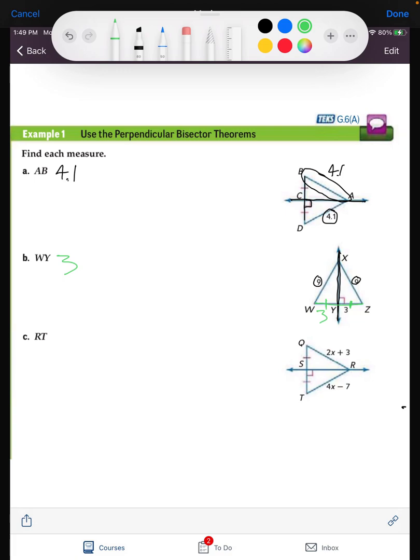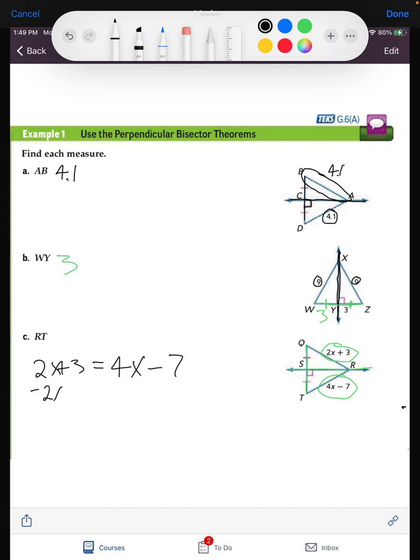Lastly, we have another perpendicular bisector, SR, through the segment QT. So we know that these sides are going to be equal to each other. 2x plus 3 is going to equal 4x minus 7. So let's write an equation to set those equal to each other. 2x plus 3 equals 4x minus 7.